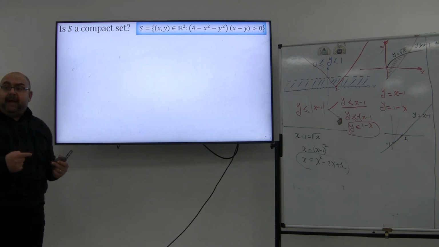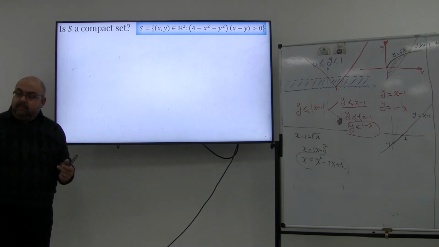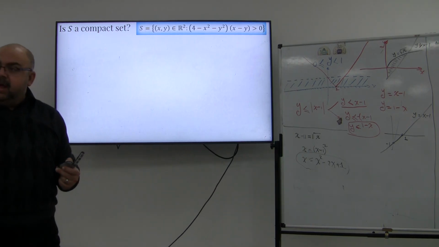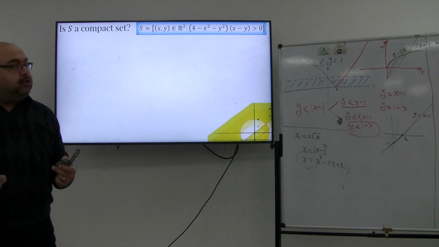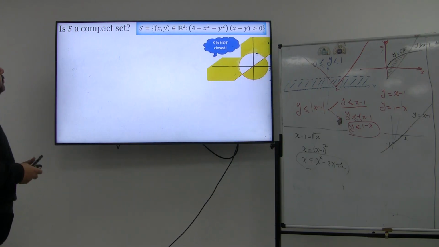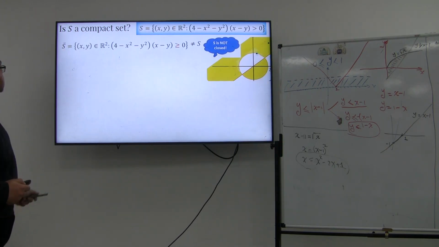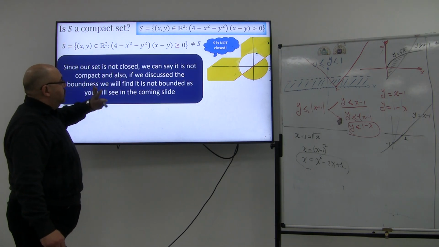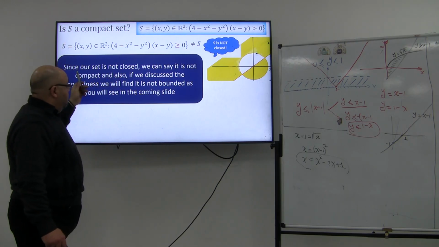Is this set compact? No, of course this set is not compact, because compact means it must be closed and bounded, and it is not bounded. Also, no, it's not closed. The set S, (x,y) belongs to R squared, doesn't equal its closure, so it's not closed. Since our set is not closed, we can say it is not compact.